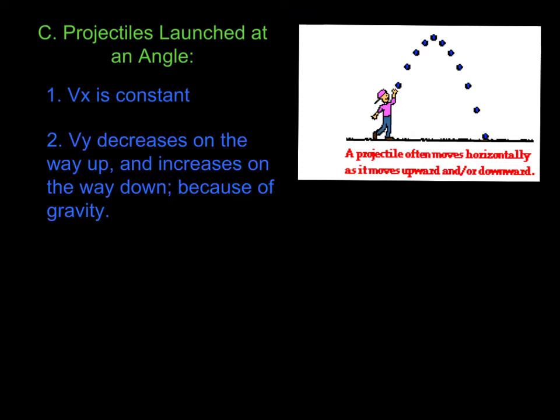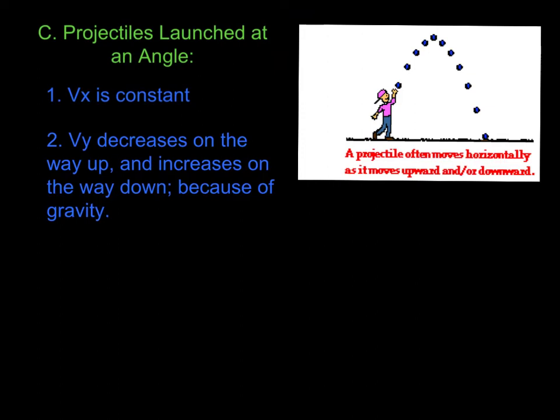The second thing that's true about projectiles launched at an angle is that the vertical velocity decreases on the way up and increases on the way down. This is because gravity is always pulling down.